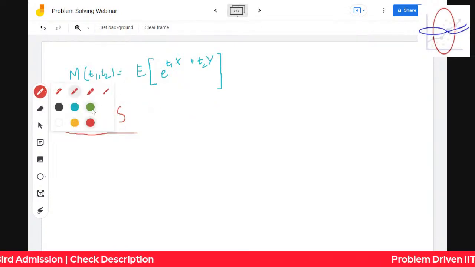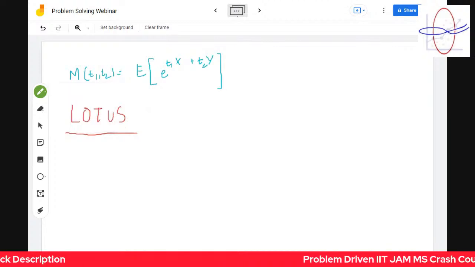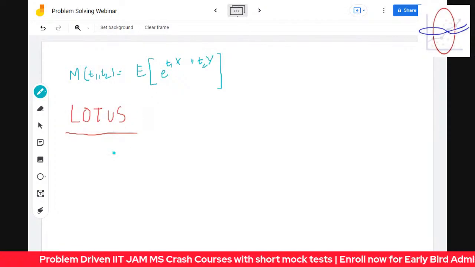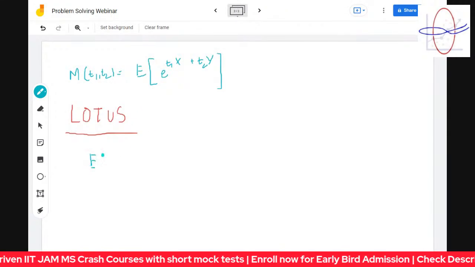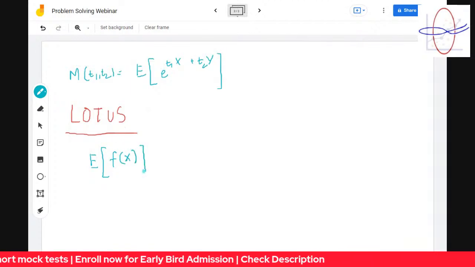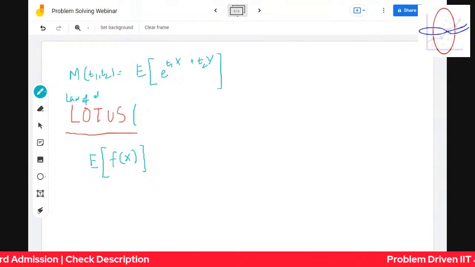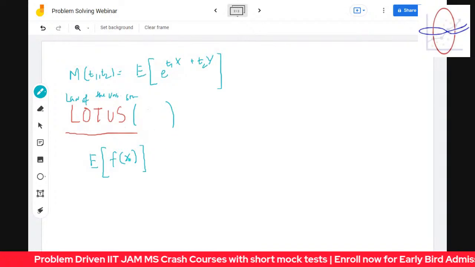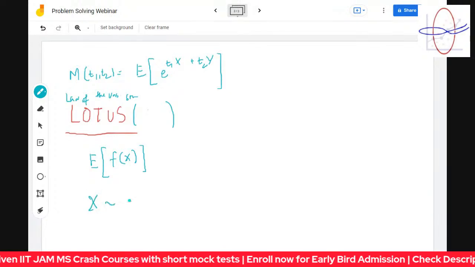It tells you how to calculate the expectation of a function of a random variable: the expectation of f of capital X can be done. It's called the law of the unconscious statistician. I will tell you how it's helpful. Let's say X has a PDF g.